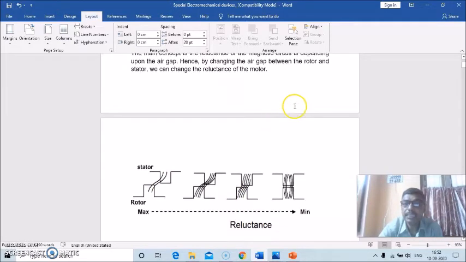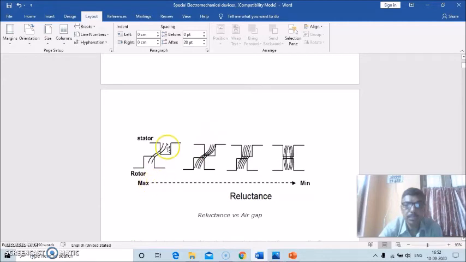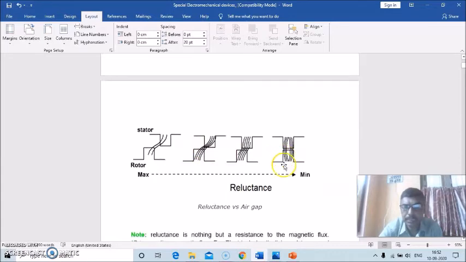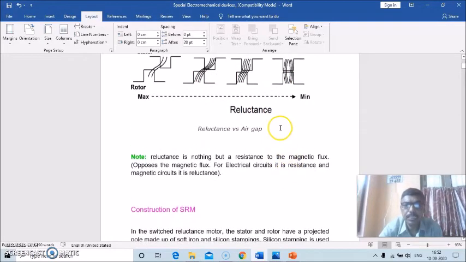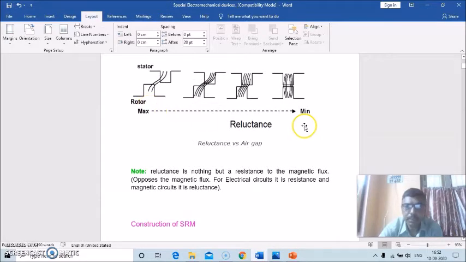Hence, by changing the air gap between the rotor and the stator, we can change the reluctance of the motor. You see, this is how the air gap is being changed, and with this change in air gap, the reluctance of the motor is being changed. So this is the reluctance versus air gap, from maximum to minimum positions.